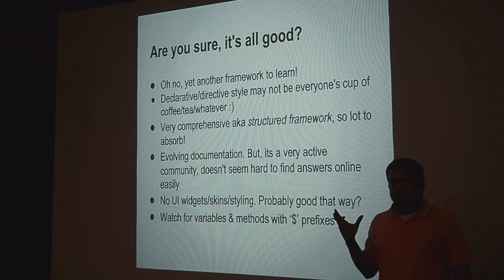It's not easy to wrap your head around. So declarative is hard to get adjusted to. But if you get adjusted, it's pretty good at showing some of the errors and whatnot, so far as I've seen.